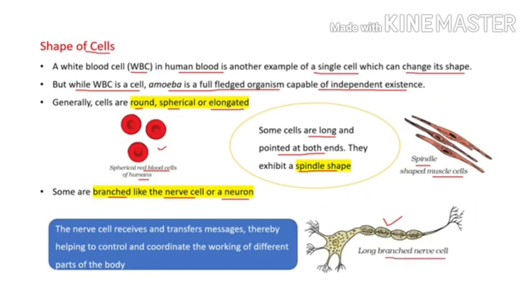Can you see a branch here, a long tail? This is nerve cell. The nerve cell receives and transfers messages, thereby helping to control and coordinate the working of different parts of the human body. Actually, it is present in almost all the chordates.